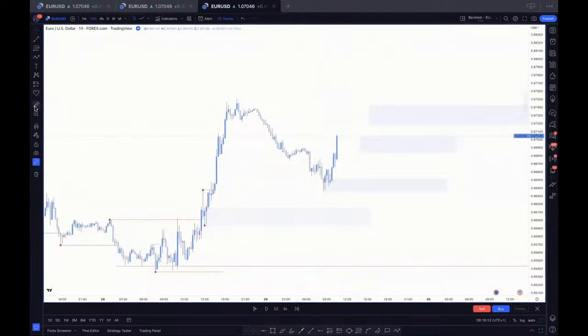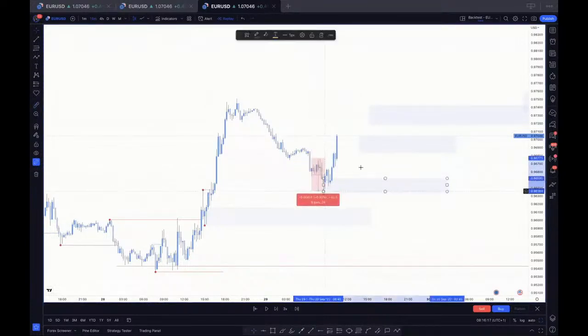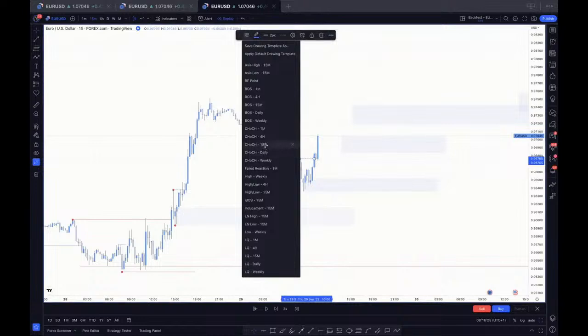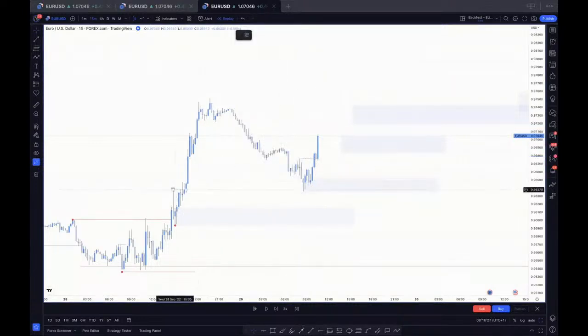Now, if we draw this structure here, let's see, this is up to 40 pips, right? So we can actually draw this. For me, I know that this is, of course, internal structure, because this move here has refused to actually pull back. So considering this large move here, this is now our swing high.